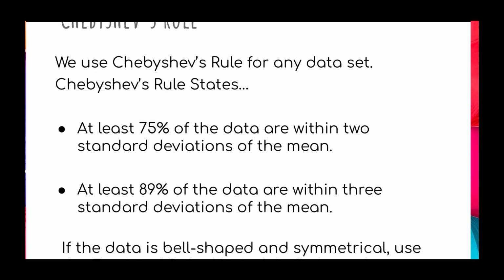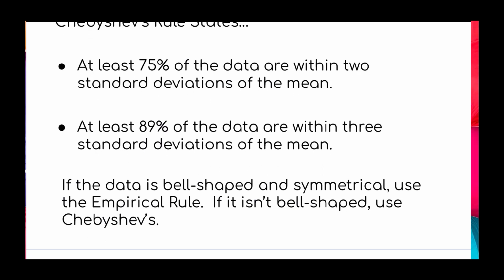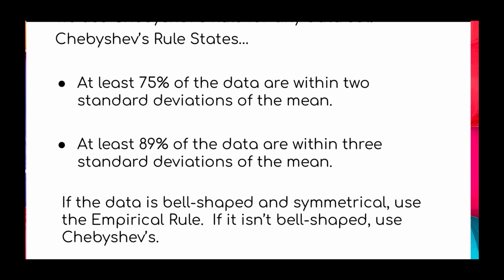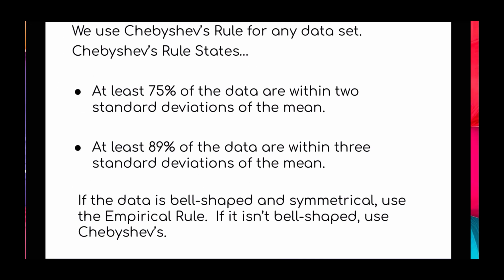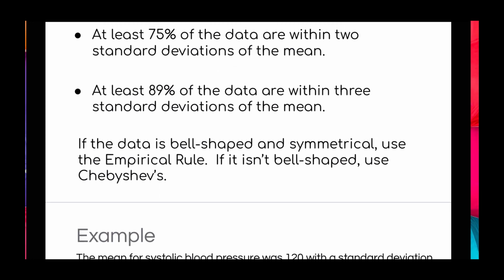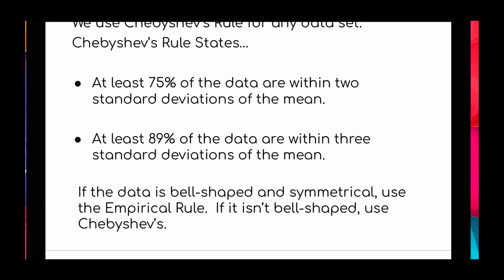And so basically we have a couple different rules here. At least 75% of the data is within 2 standard deviations of the mean, and at least 89% of the data is within 3 standard deviations of the mean. And so again, if the data is bell-shaped and symmetrical, we use empirical rule. If it isn't bell-shaped, we use Chebyshev. I do want to add one in here.